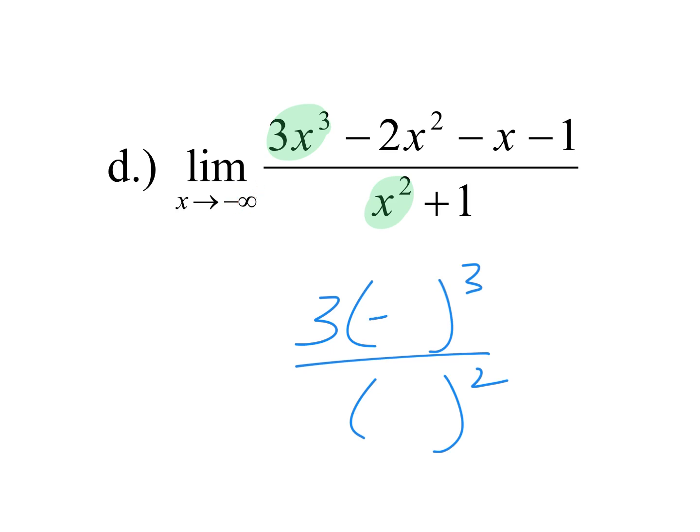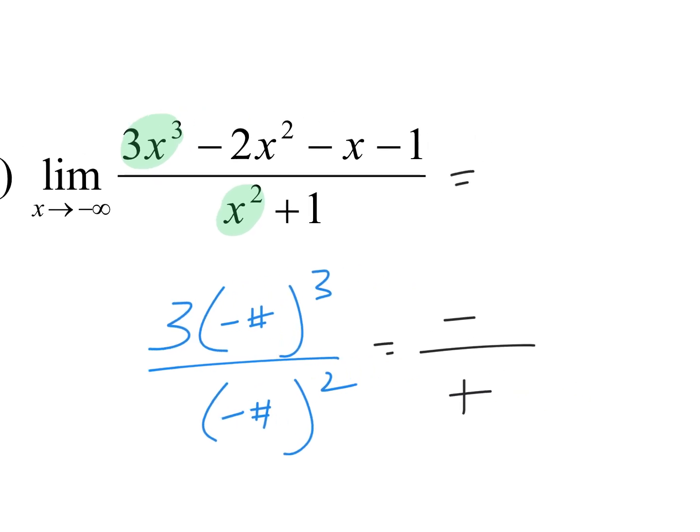So what happens when I plug in a negative number here and a negative number here? I'm going to analyze these. When I take a negative number and raise it to the third, it stays negative. And then when I multiply it by 3, it is still negative. So I get a negative number on the top. What about when I take a negative number and square it? It becomes positive. A negative number divided by a positive number is a negative. Therefore, my answer is negative infinity.